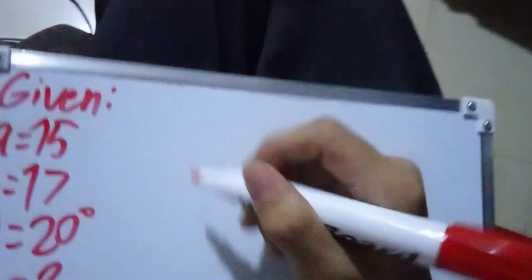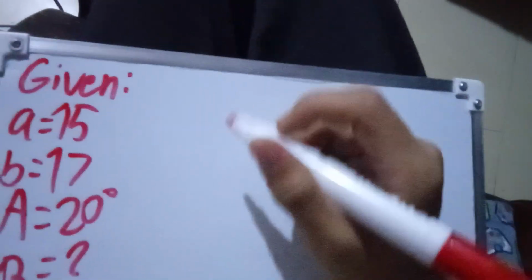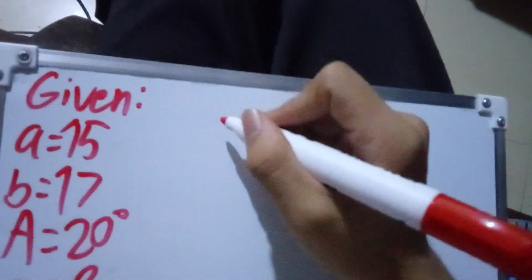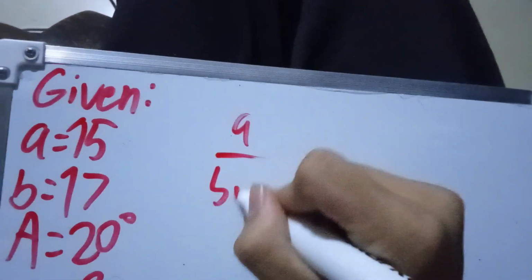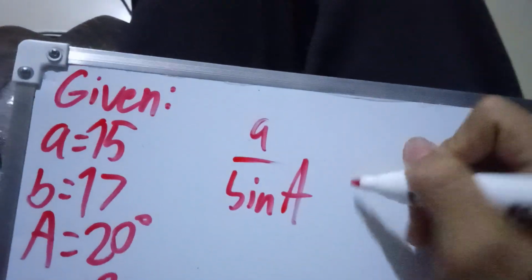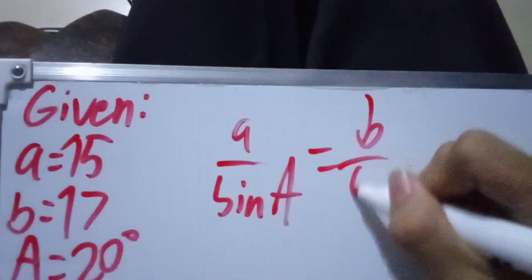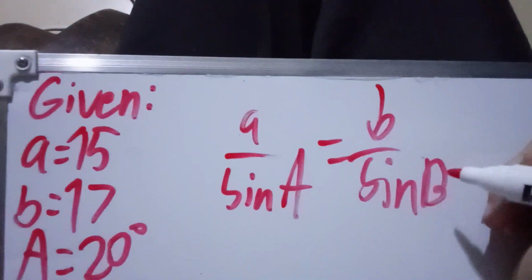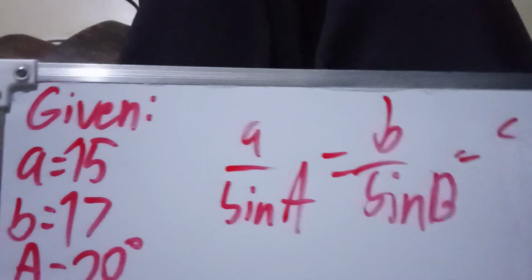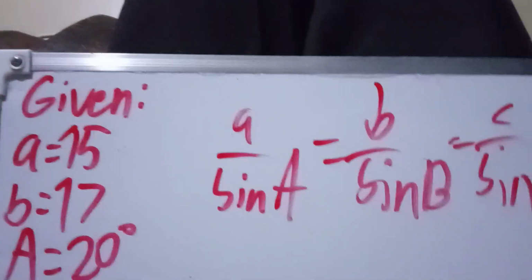Okay, so it's time to solve. For me, I'm going to use a over sine a equals b over sine b equals c over sine c.